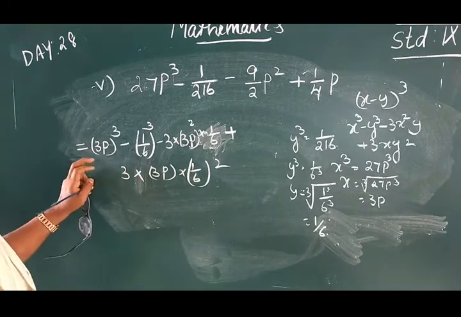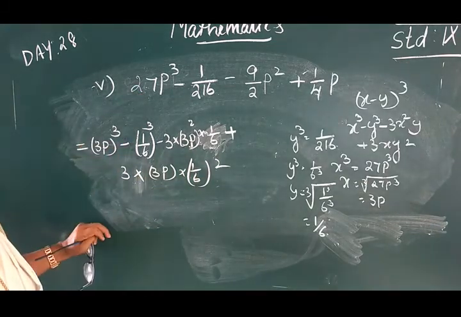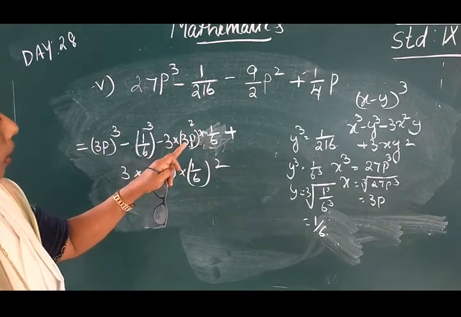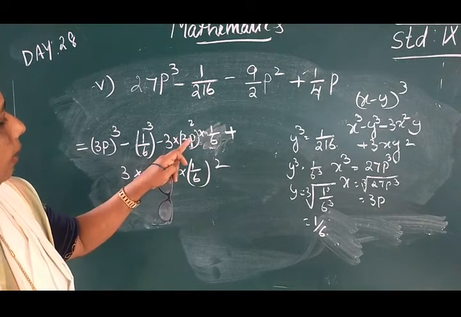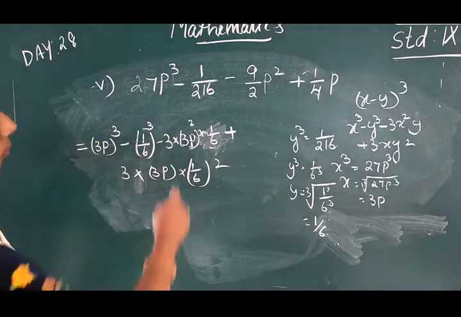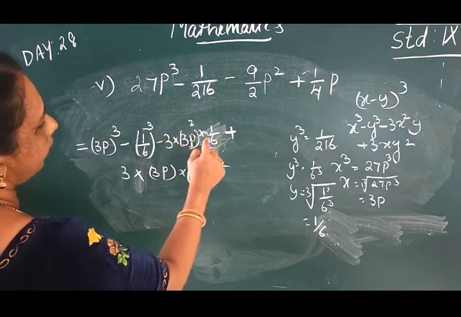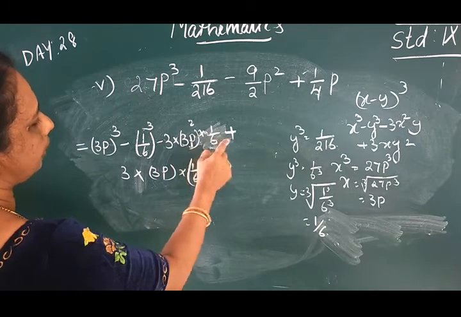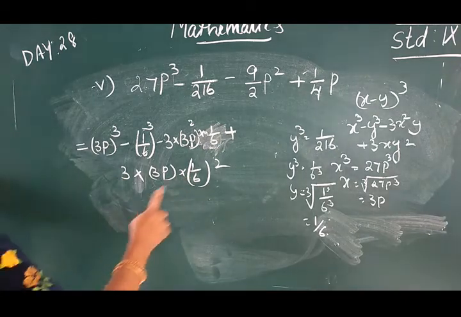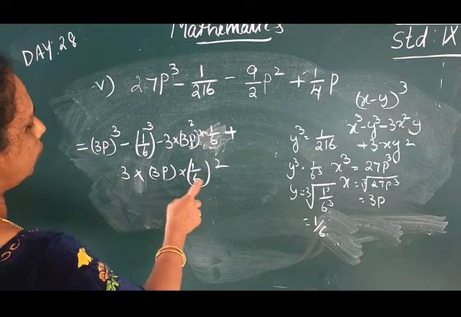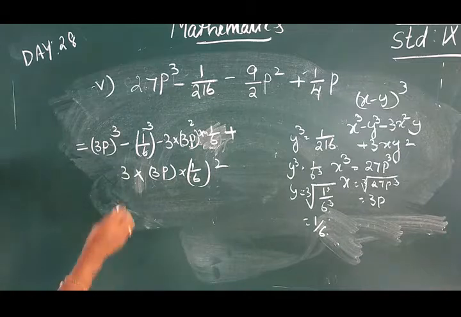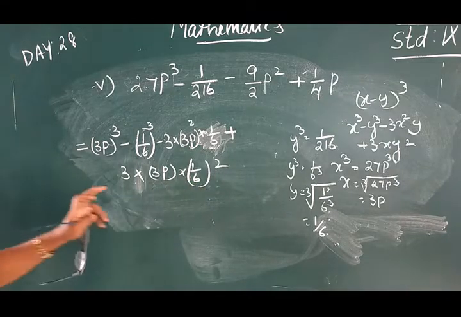Here 3p the whole cube is 27p cube, 1 by 6 the whole cube is 1 by 216, minus 3 into 3p the whole square, 9p square, 9 into 3, 3 cancels with 6 leaving 9 by 2 p square, plus 3 cancelled 1 by 6 the whole square, 3 cancelled 2, again 3 cancelled 2, that is 1 by 4p.